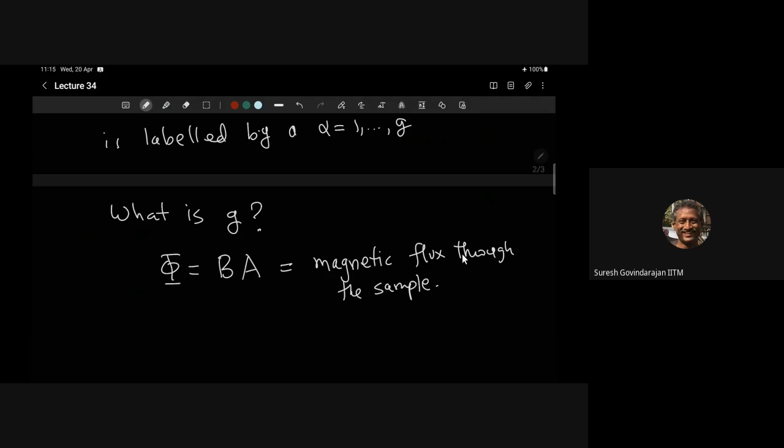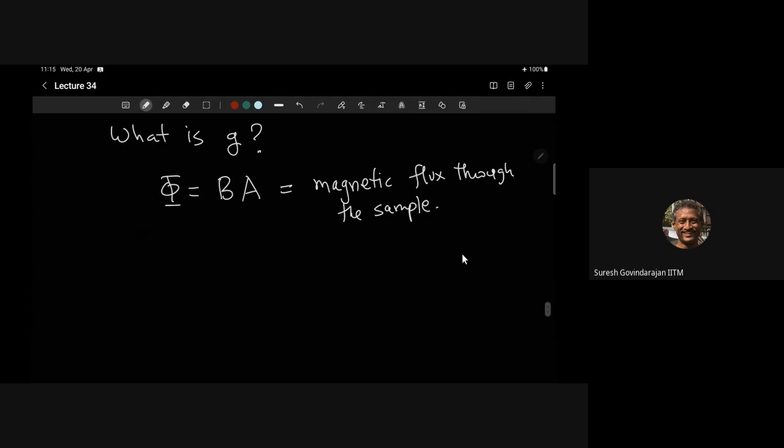But it turns out that there's another quantity, which I'll call phi naught, which turns out to be the basic quantum of magnetic flux. And it's given in terms of two fundamental constants, H and E.